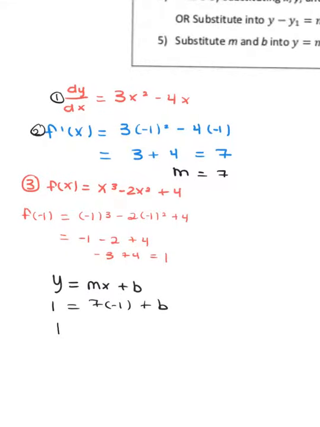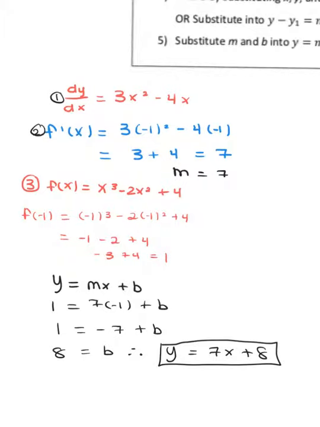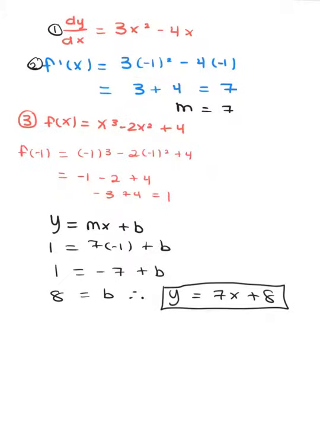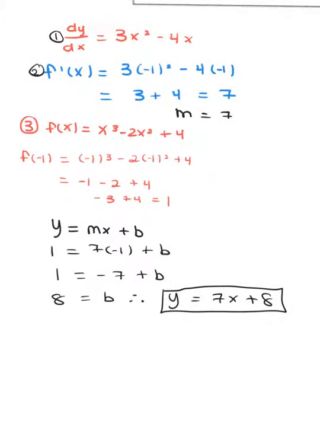So 1 is equal to -7 plus b. 8 is equal to b. Therefore, y is equal to 7x plus 8. That is the equation of your tangent line. Okay? Questions?